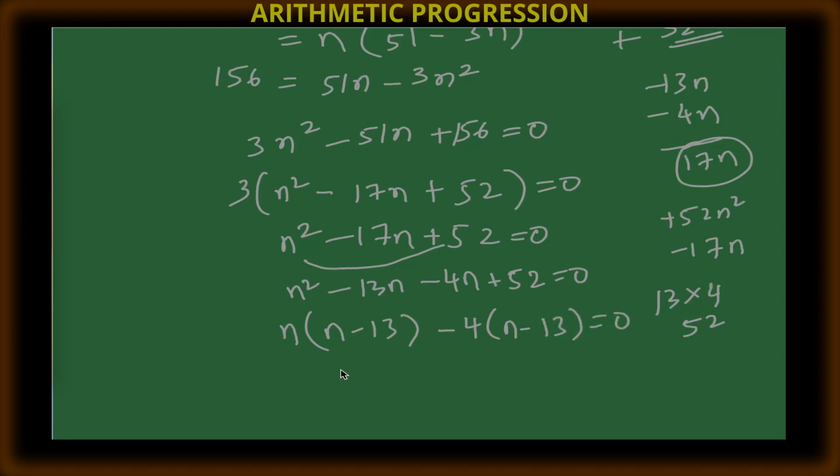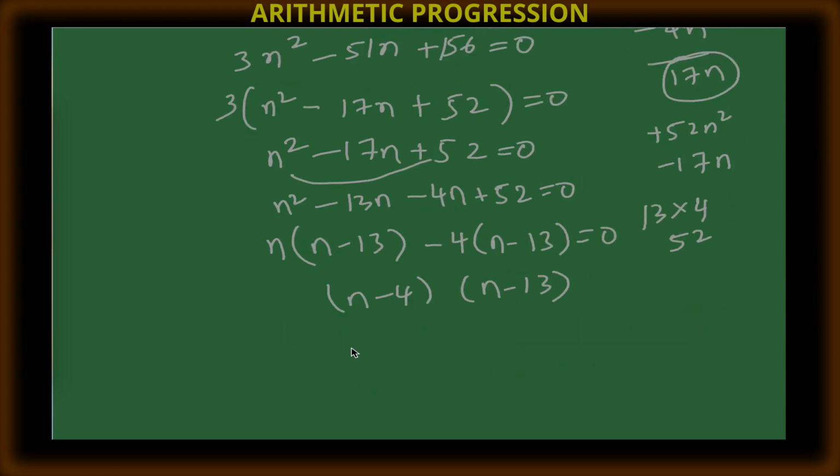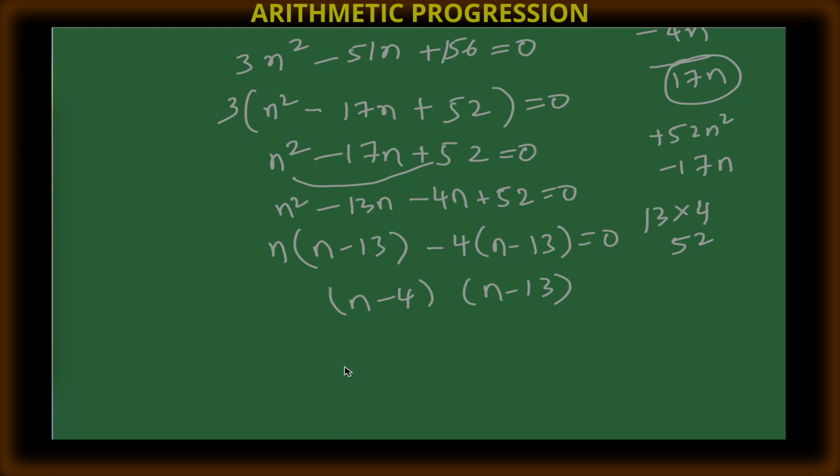So we have n minus 4 and n minus 13. Okay, so this means n minus 4 is equal to 0, or n minus 13 is equal to 0, n is equal to 4, or n is equal to 13. Okay, so in this we need to find the n term, so it can be 4 or 13.